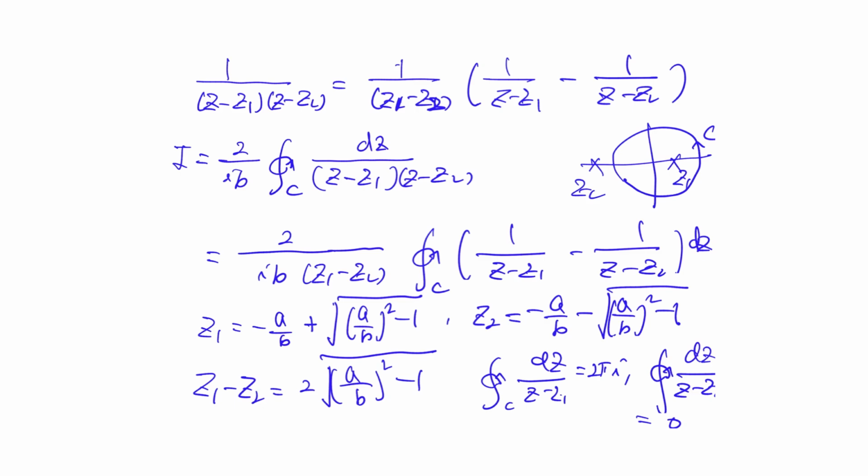So we have 2 over iB and 1 over twice the square root of (A over B) squared minus 1, times 2 pi i.